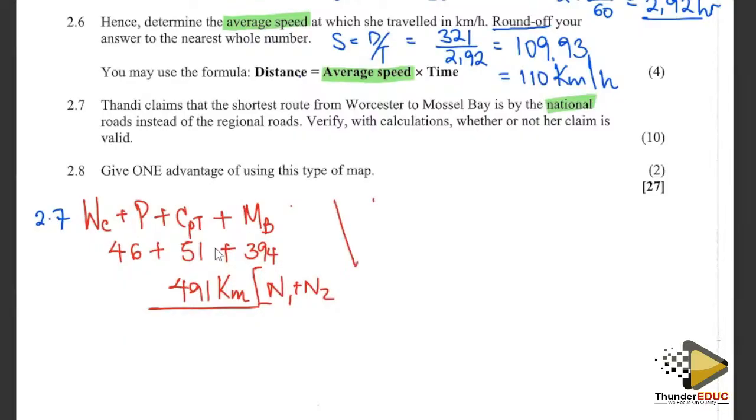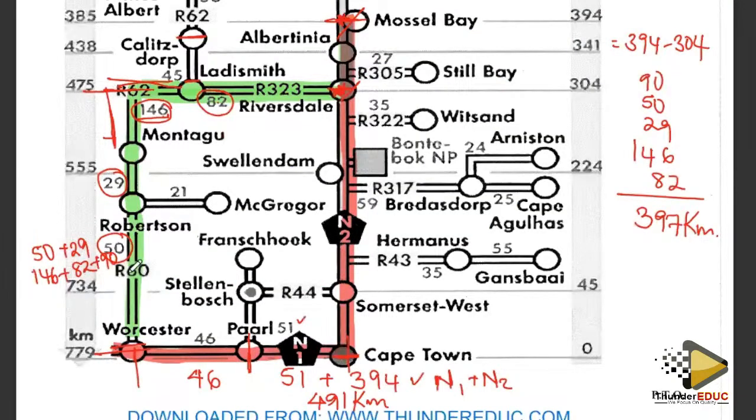Then we verse them with the regional roads, which are these ones here in green. Waterloo through Robertson, then we go to Montagu, then we turn to Riversdale through Ladismith. All right. So we shall do that.